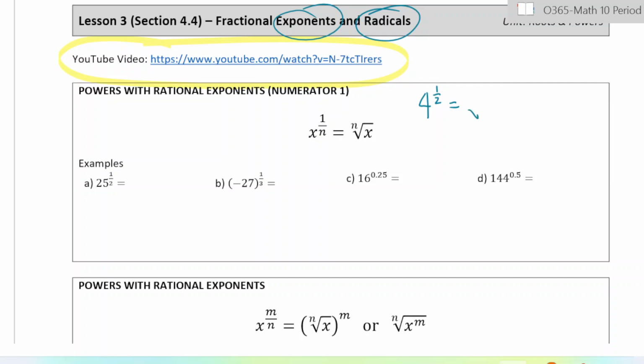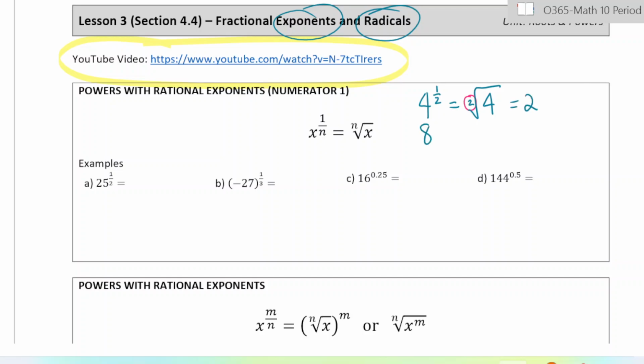So another way of asking that is just what's the square root of 4? Okay, square roots actually, if you didn't know this, you can put a little 2 here as the index, but we've kind of dropped that 2 over time, but there is a kind of a hidden 2 there. So the answer to this would just be 2.